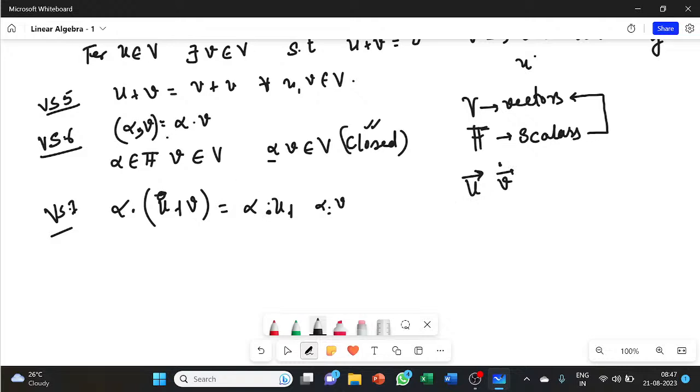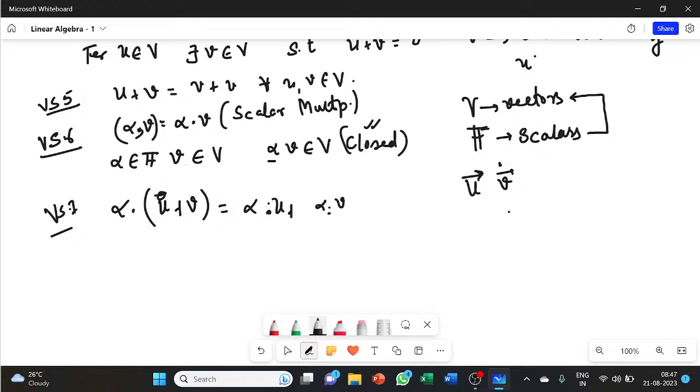I have defined alpha dot v as scalar multiplication. If you're keeping a vector in mind, you might think I'm defining a dot product. No, it's not a dot product. There you do not write the dot, but right now I'm writing it in general, so that is why I'm writing dot here.